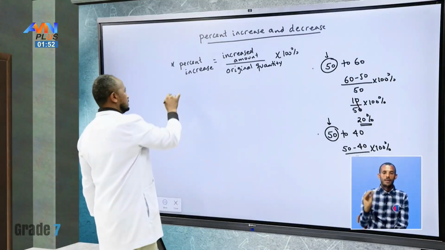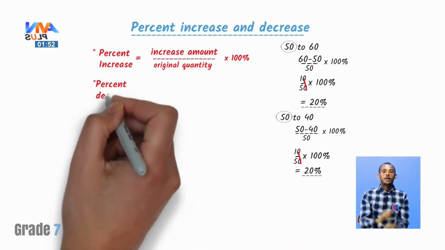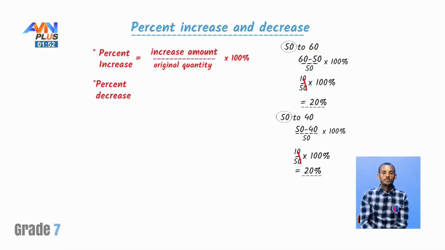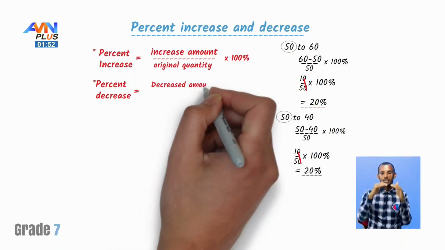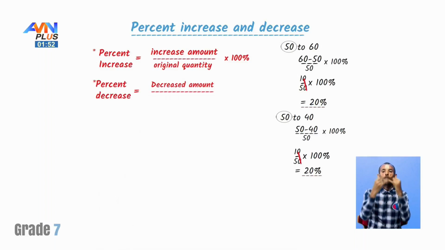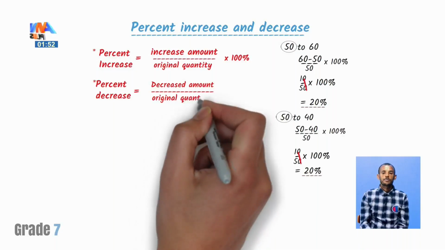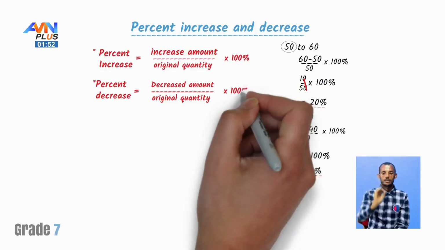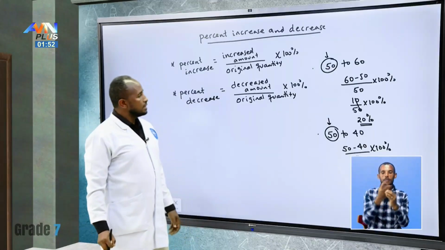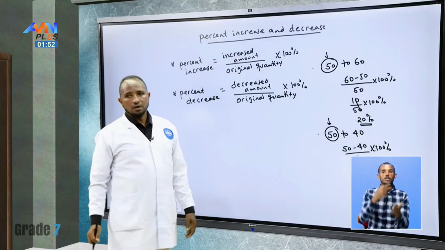And to calculate percent decrease, first you have to find the decreased amount, divided by the original quantity, times 100%. These are the equations to calculate percent increase and percent decrease. So let's see examples for these two equations.